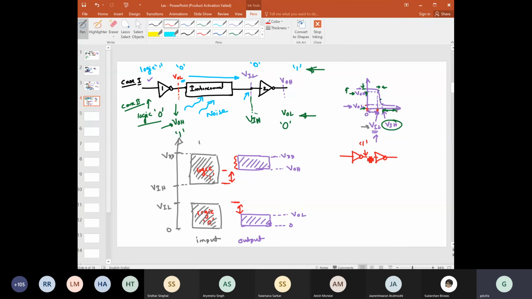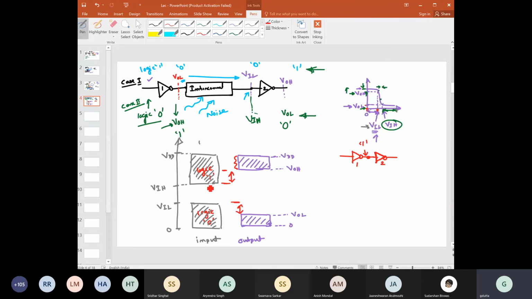But due to some noise, if this voltage has changed, how much can this voltage change so that the second inverter will still consider its input as logic 1?